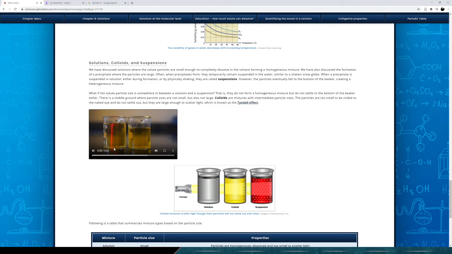We can see the path of the light beam going through. However, in this one, we just see the dot at the bottom. So this is not a colloid. This is a colloid. You can see the path of light through it. The particles in there are scattering light beams throughout this. So that is what a colloid will do.